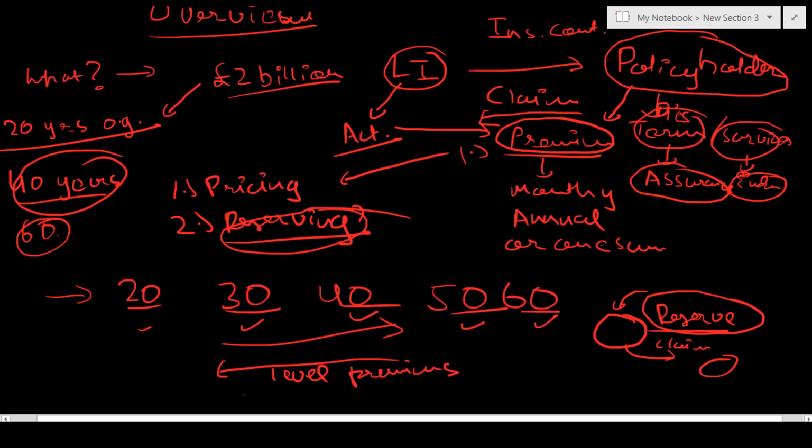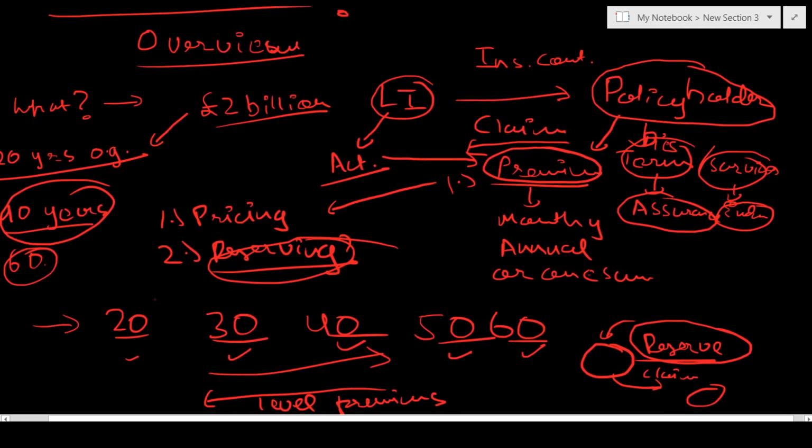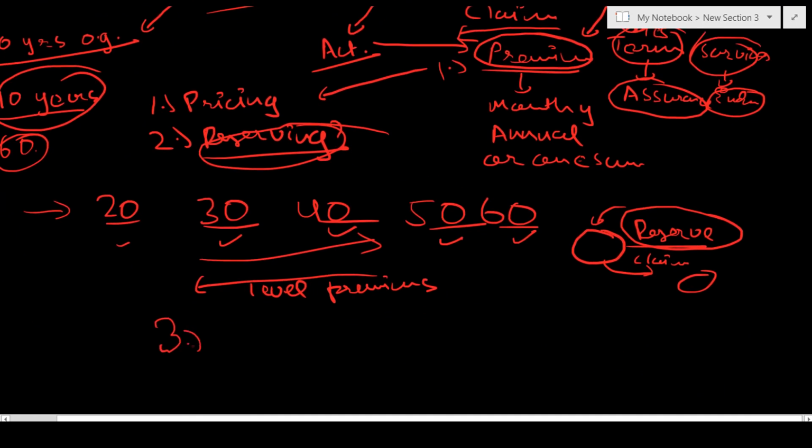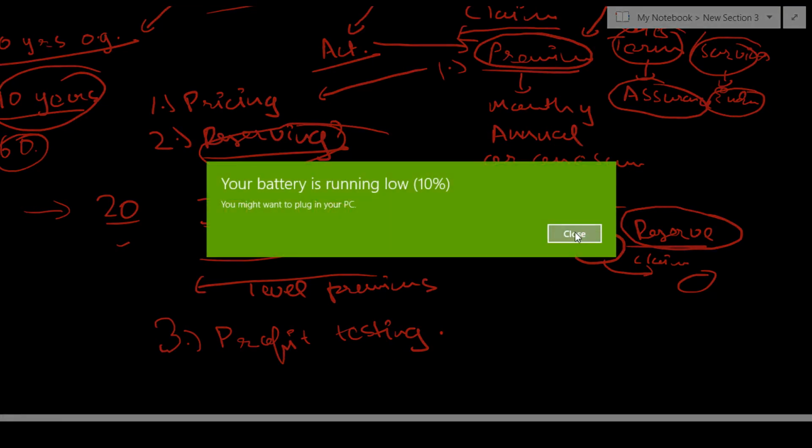And the last job that we do as an actuary that is covered in this beautiful subject is, wait. The third thing that we do here is profit testing. This means what amount of profit a company expects to earn on a certain number of policies so that it can survive.